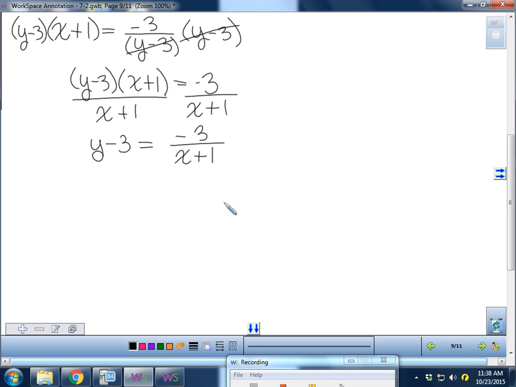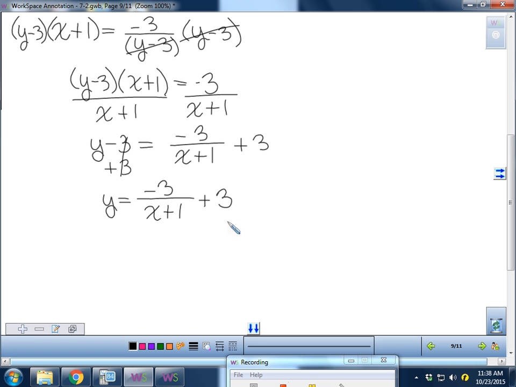And then my very last step is that I just have to move this negative 3 over. So I'll add 3. So I have y equals negative 3 all over x plus 1 plus 3.